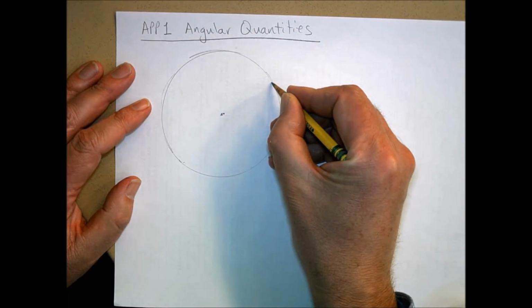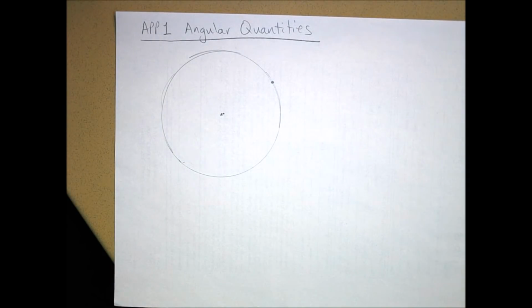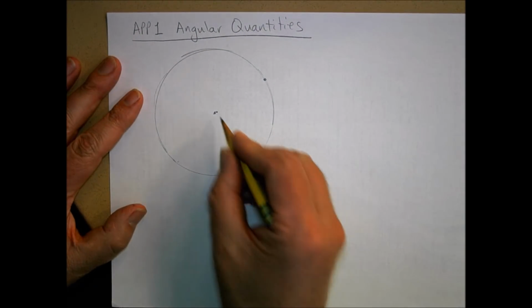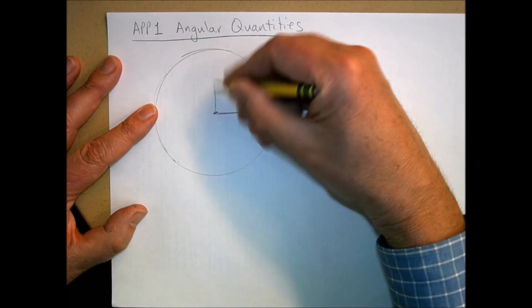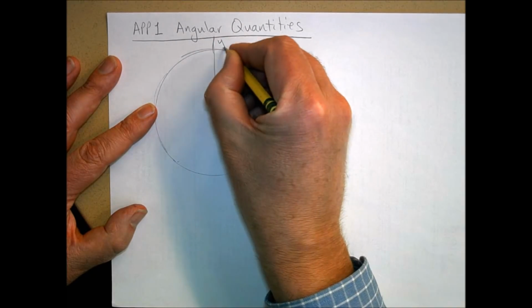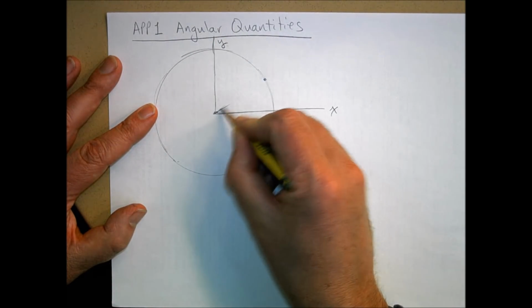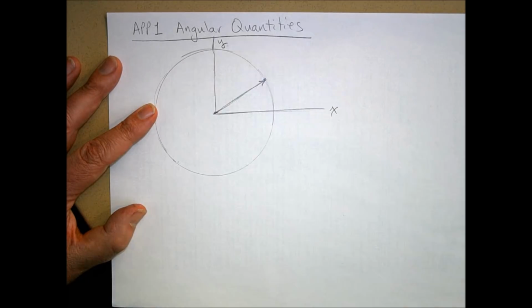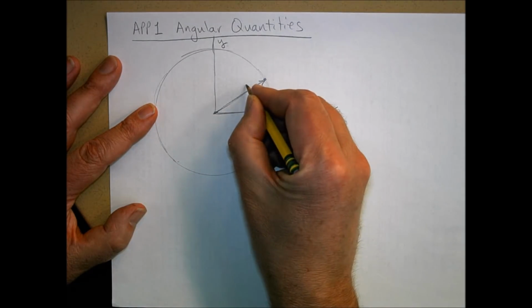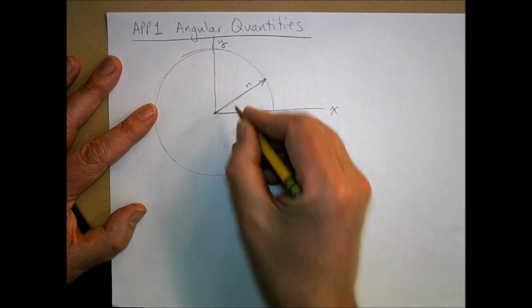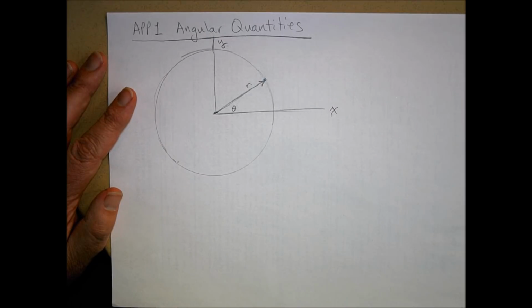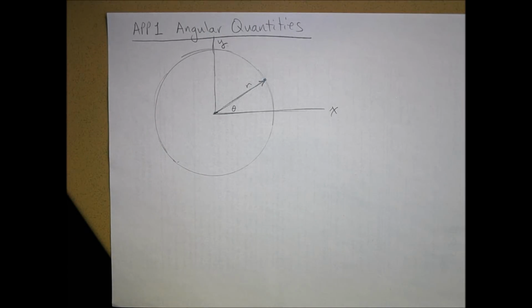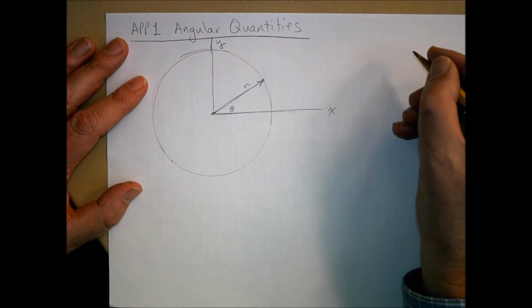Well, it's right here. And when we describe position in polar coordinates, we would need an x-axis and a y-axis. And then we would describe, this thing has a radius, doesn't it? But it also has an angle. And this angle, I'm going to call this theta.